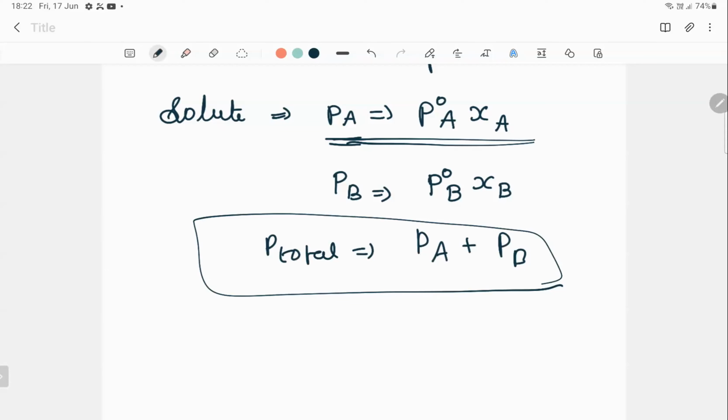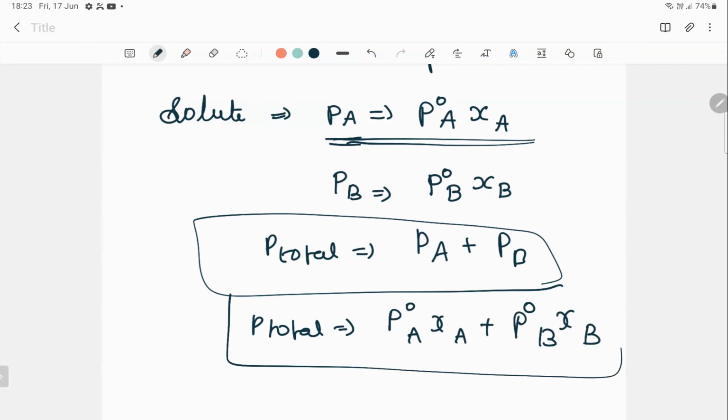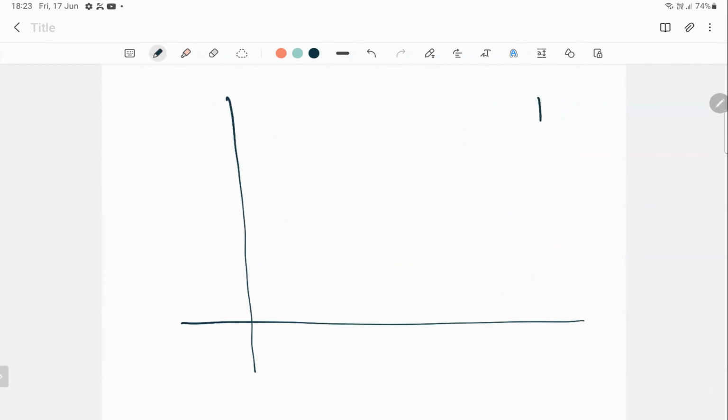And now you can write P total is equal to P0A XA plus P0B XB. Clear with this one? So now we can draw a graph. Carefully listen to this graph. This is your graph.